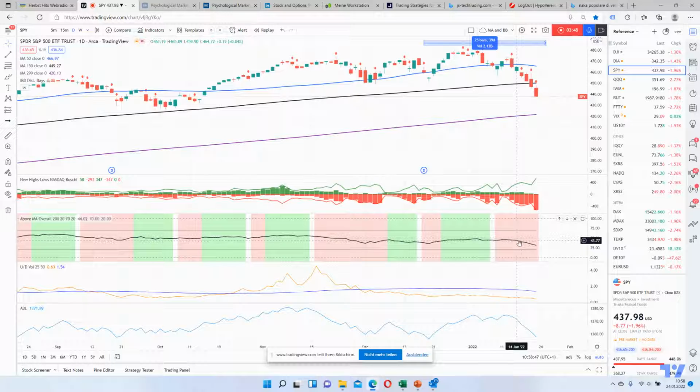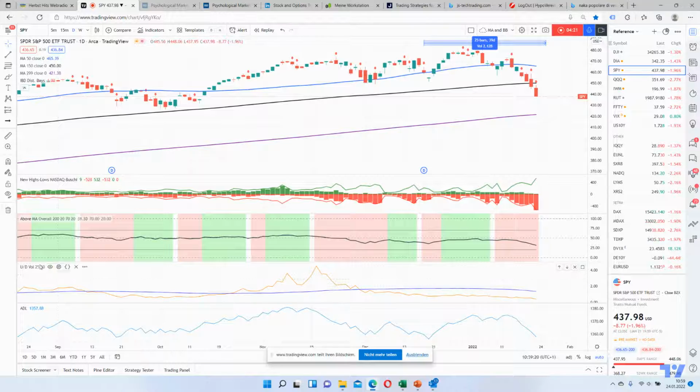What we have here is a line trending downwards and below 50%, which means we have many more stocks trading below their own 200-day moving average. So you can say there's no breadth whatsoever in the current market, which makes it really difficult for shorter-term swing traders to gain any traction at the moment.